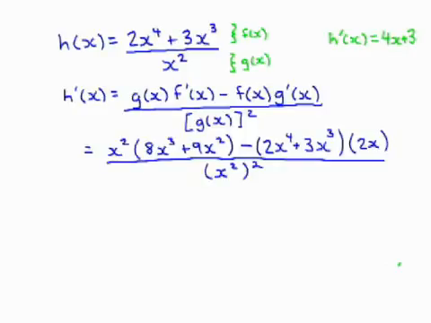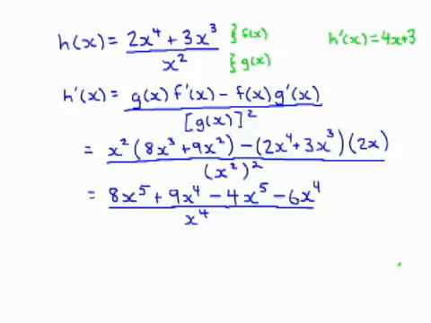In the numerator, all we are going to do now is expand using the distributive property and combine like terms. So when I expand, I end up in the numerator with 8x to the fifth plus 9x to the 4, subtract 4x to the 5 minus 6x to the 4, and that's all divided by x to the 4.